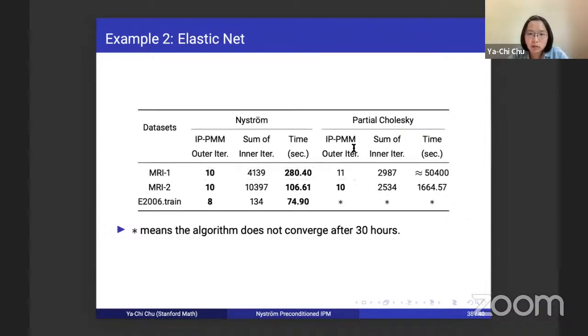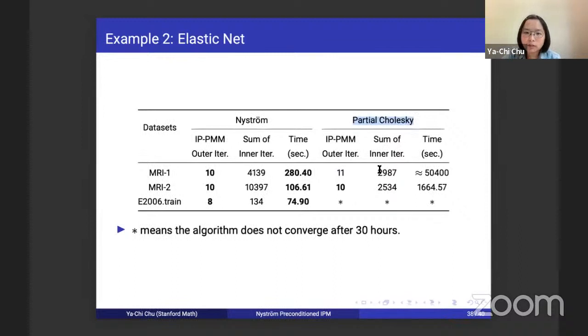when the problem is very large, so MRI dataset 1 is larger than MRI dataset 2, in the partial Cholesky case we did have one more outer iteration here. This suggests that the inner solver is kind of limited here.